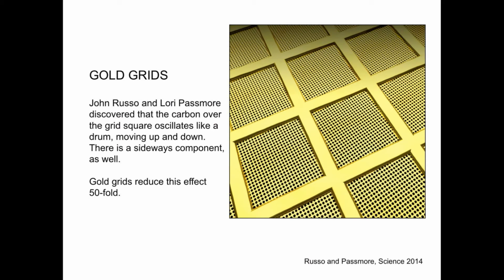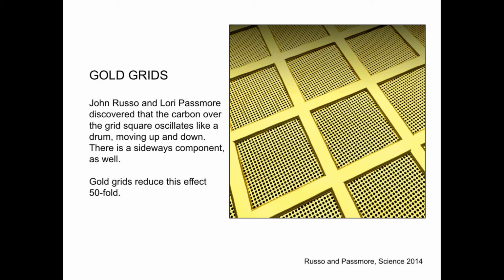Gold grids were introduced by Russo and Passmore at the MRC in 2014, and they were really a success. Now many people use gold grids in preference to copper grids.